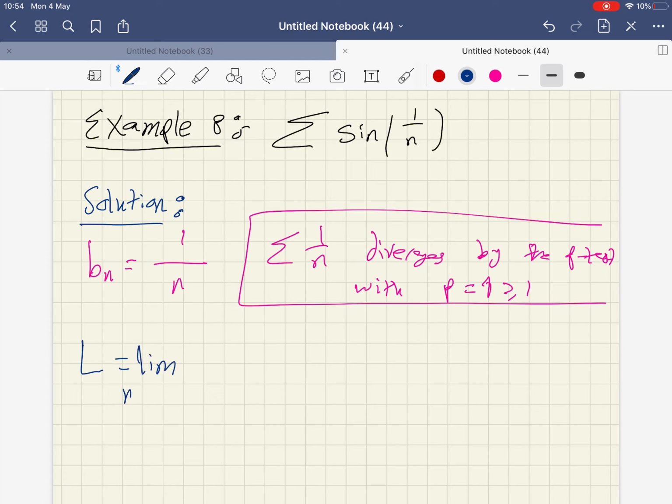L is the limit as n goes to infinity of An over Pn, equal to the limit as n goes to infinity. An is sine of 1 over n. Bn is 1 over n.